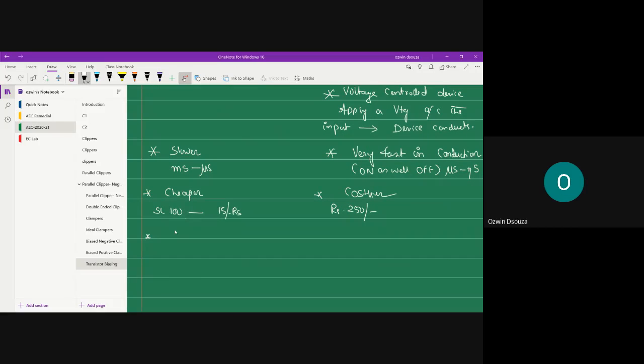And very important nowadays, the world is going mad about energy saving, which is very crucial also because energy demand is rising. So BJTs consume high power, and FETs consume less power.